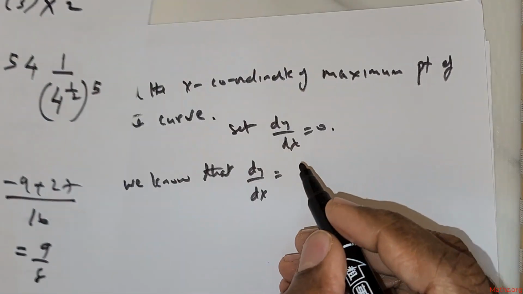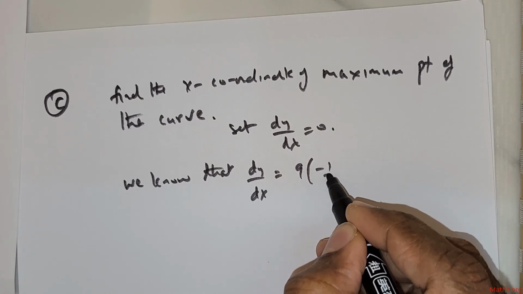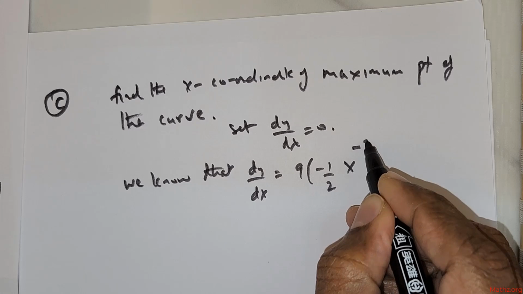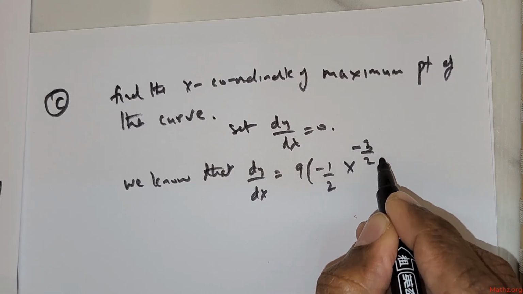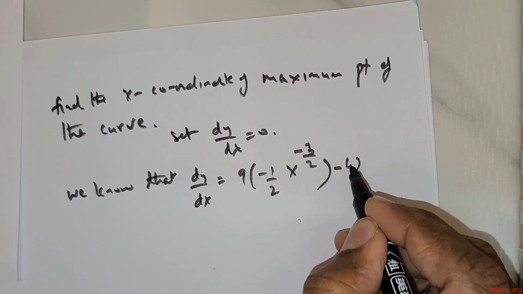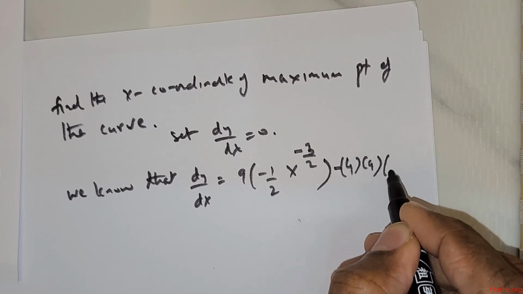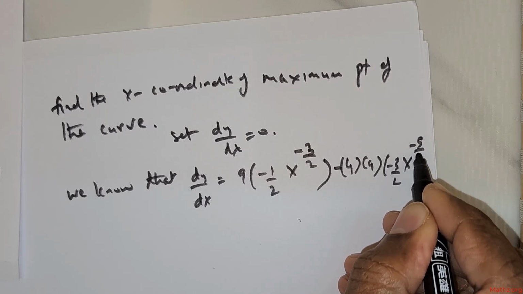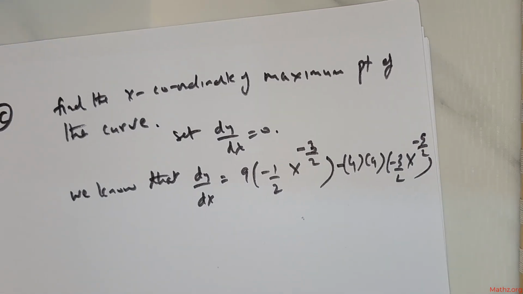I'm going to utilize this. So it's going to be 9 times negative 1 over 2 times x raised to the power of negative 3 over 2, followed by negative 4 times 9 times negative 3 over 2 times x raised to the power of negative 5 over 2. This is what we have got.